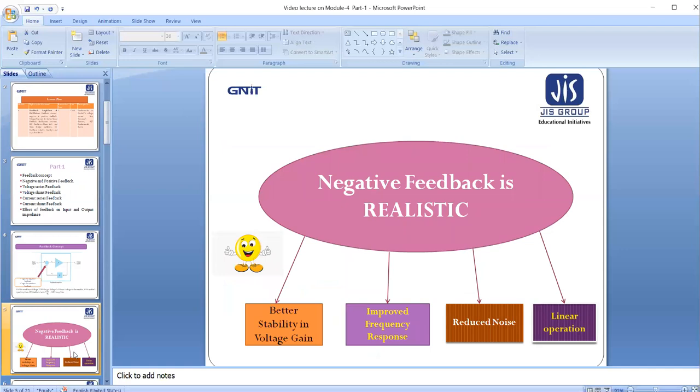Negative feedback is realistic. It's a very fundamental thing that in our nature, in our human system also, negative feedback is really realistic because it will control our emotions, it will control our behavior, it will control the natural laws.